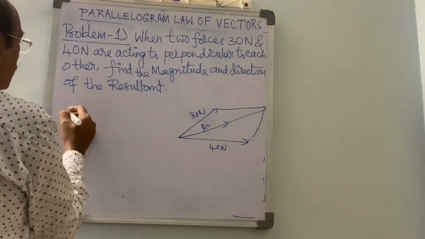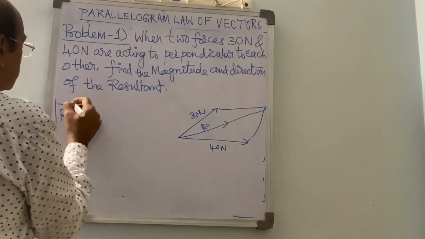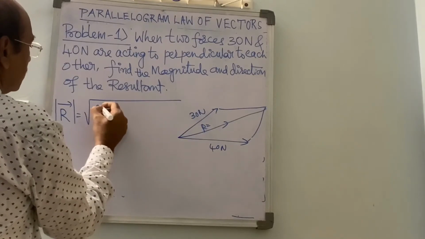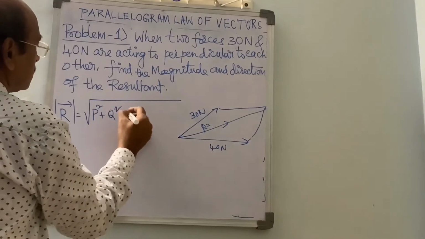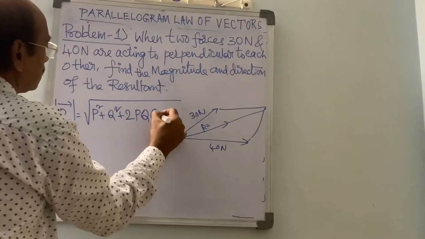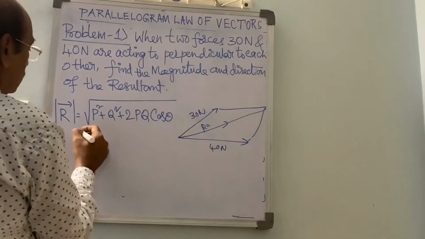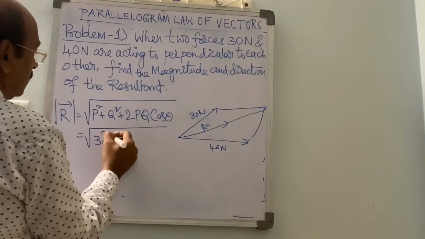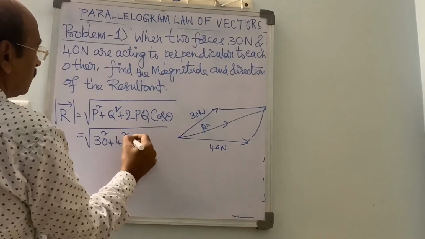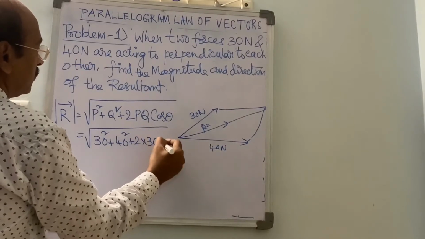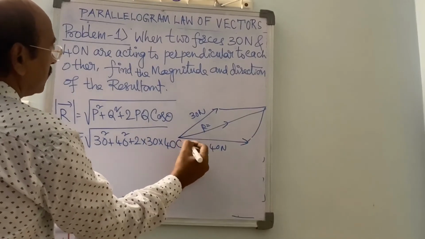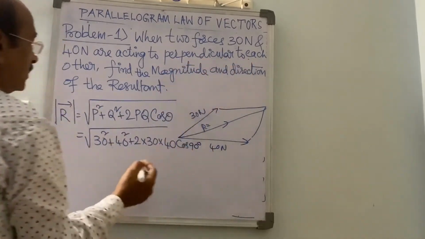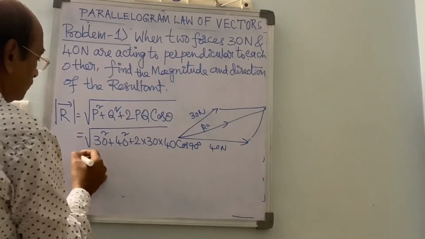The expression for the magnitude of the resultant is square root of P square plus Q square plus 2 into 30 into 40 into cos 90 degrees. Since they are perpendicular to each other, theta is 90 here.